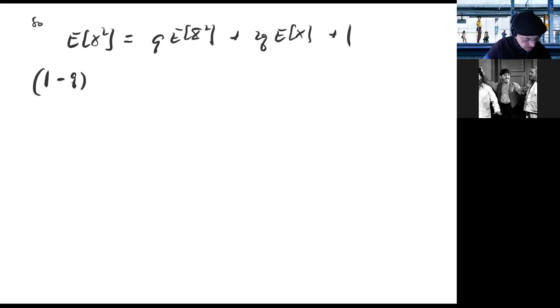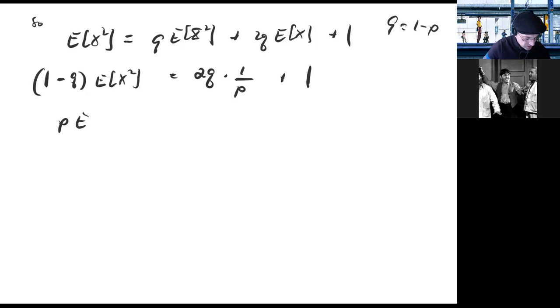So it's 1 minus q times E of X squared equals 2q. Now we computed E of X and we got 1 over p before. Okay, and then we have to add 1. And note that since q equals 1 minus p, p is 1 minus q. So p E of X squared is 2q over p plus 1.